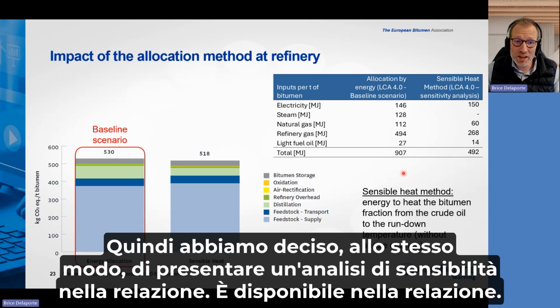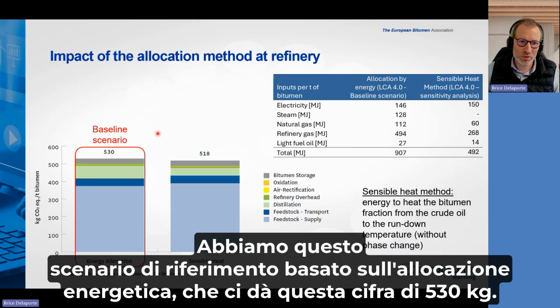So in the same way, we decided to present a sensitivity analysis in the study and in the report. It's available in the report. So we have this baseline scenario based on the energy allocation, which allows us to obtain this number, 530 kilograms.